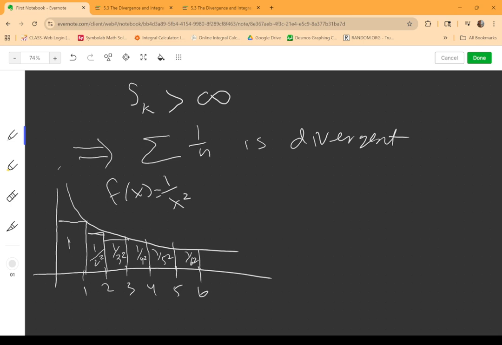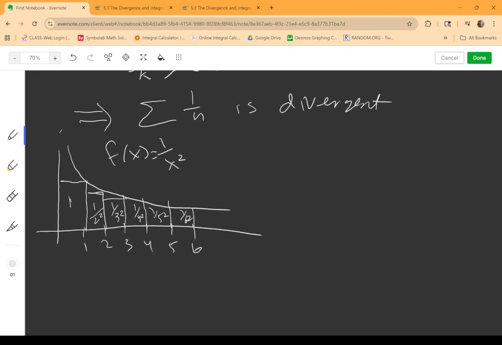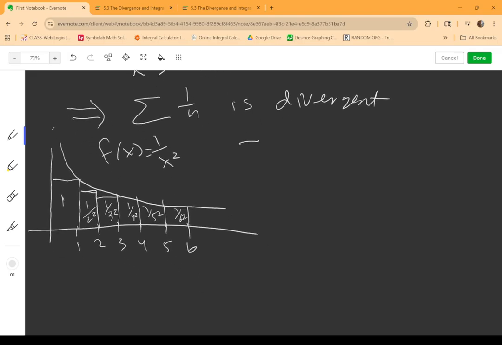So now setting up my sum, I want to set up an inequality again. To compare, we get 1 plus 1 over 2 squared plus 1 over 3 squared. And notice the difference here is that at each step of the way, the rectangles are below the curve. So that means my inequality is going to be less than.